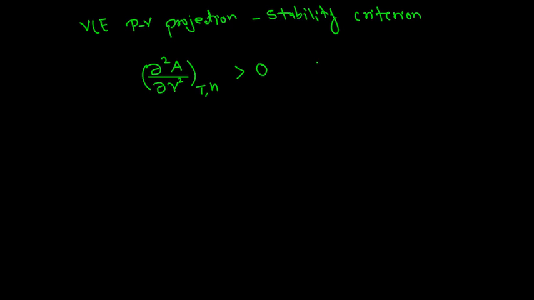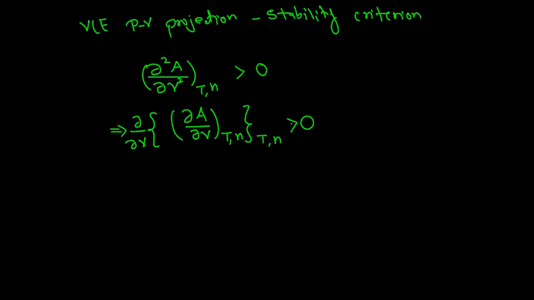Now, what information can I extract from this? Let me write this as del by del V at constant T and n of (del A by del V at T, n), and this has to be greater than 0. But what is this quantity, del A by del V at constant T and n?